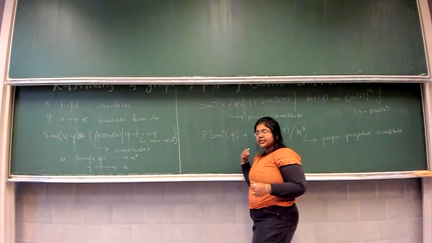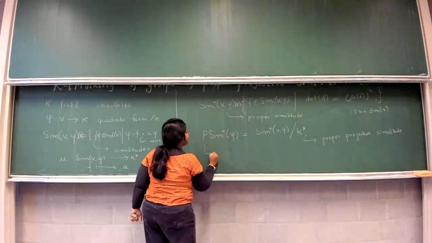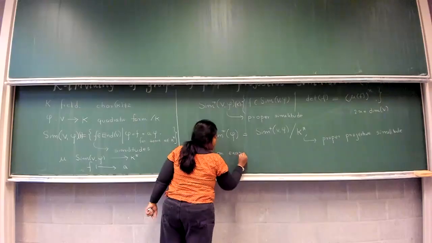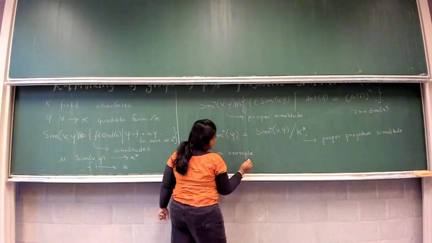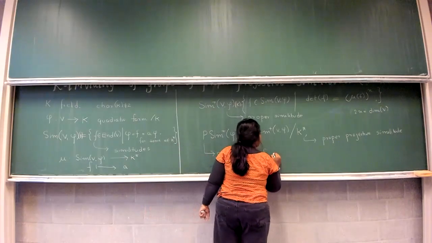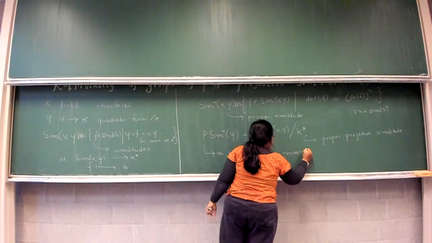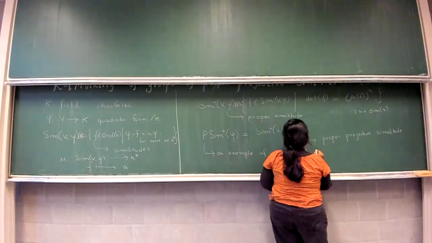This is actually an example of an algebraic group which is connected, adjoint, for example.